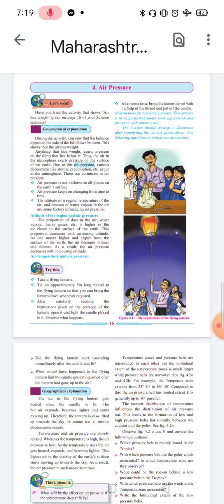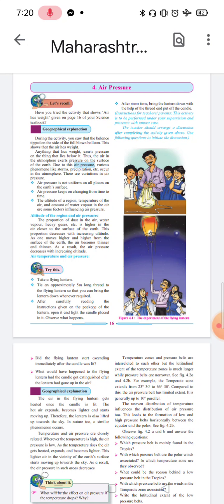Air pressure decreases with increasing height. In mathematics we can say air pressure is inversely proportional to height. As height increases, air pressure decreases. Air which is closer to the surface of the earth has more dust, water vapor and heavy gases. Hence, air pressure is more near the earth's surface.